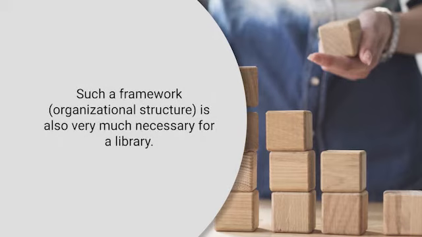Such an organizational framework is also very necessary in a library, because in the library also you have a definite structure, what we basically call an organogram. You have a different organization structure, and each one of them plays their own important roles, and they are connected to each other.